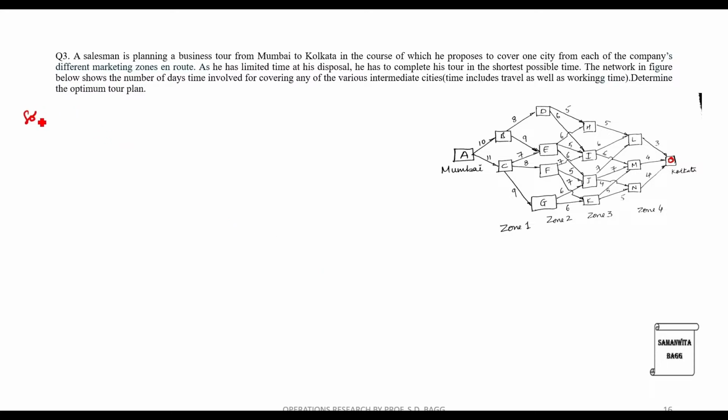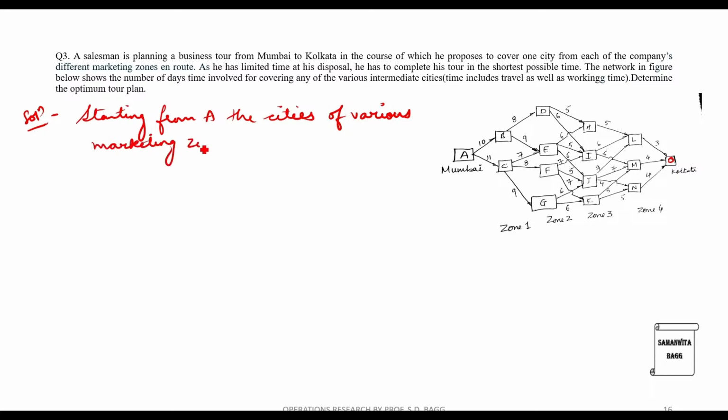So I'll write down the solution first. Starting from A, the cities of various marketing zones may be considered as distinct stages.